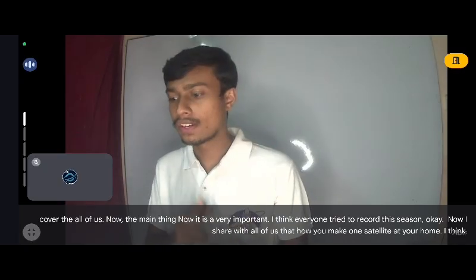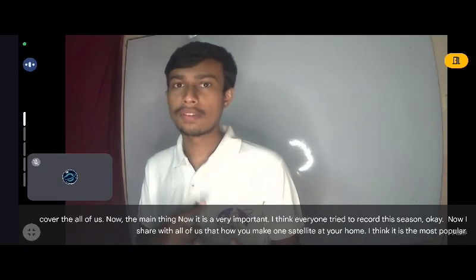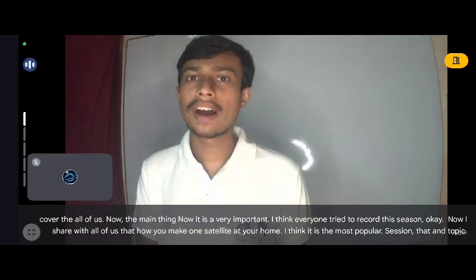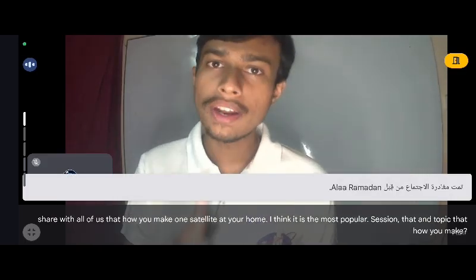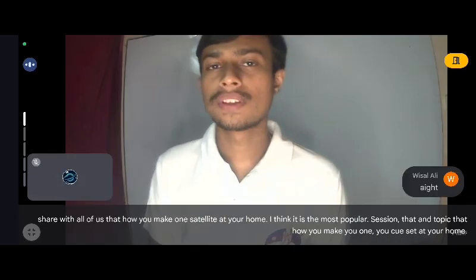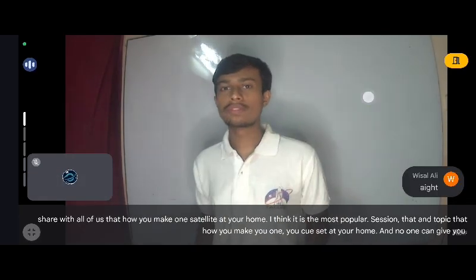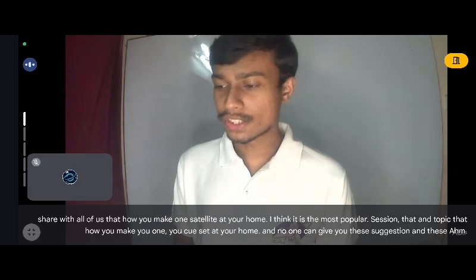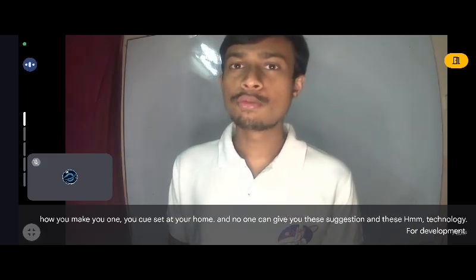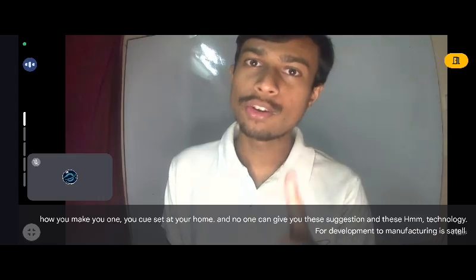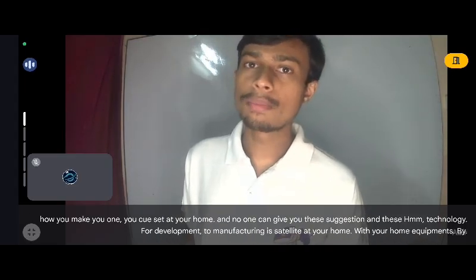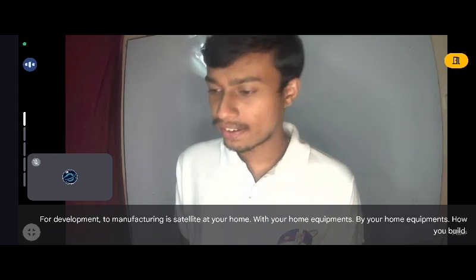It is the most popular topic, how you make your own CubeSat at home, and no one else gives you this suggestion and this technology for manufacturing a satellite at home with your home equipment.